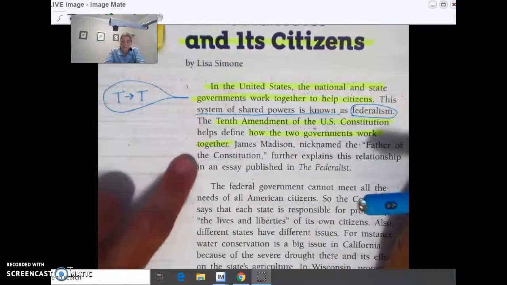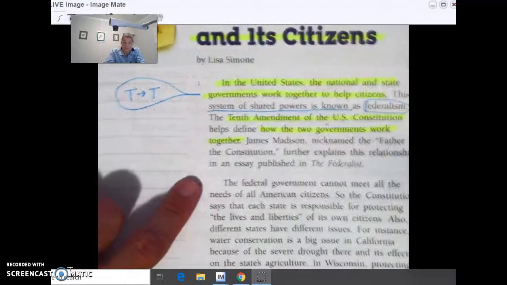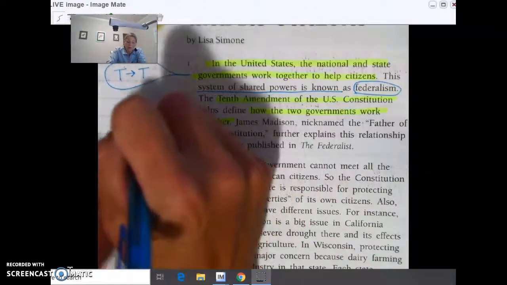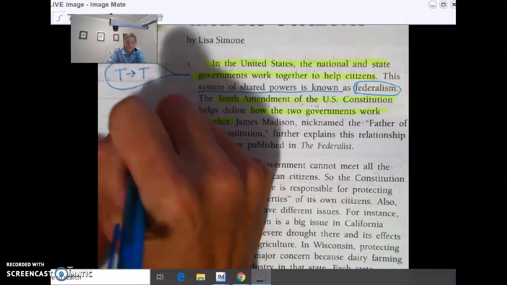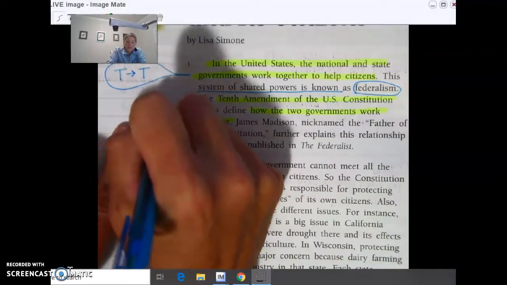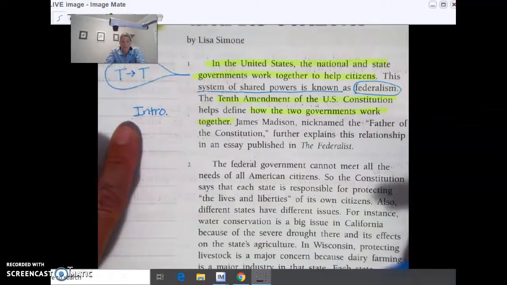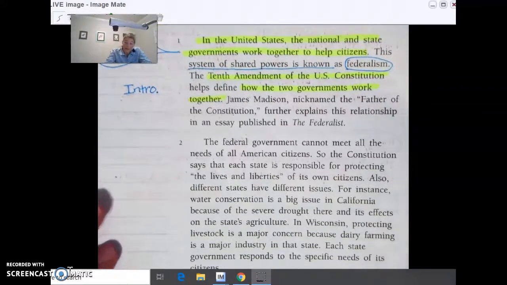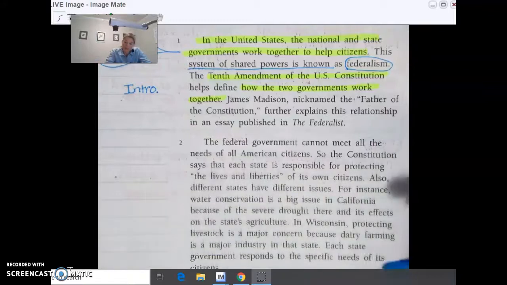This paragraph to me sounds more like an introduction. It's just letting us know what we're going to learn about. So I'm just going to put off to the side that it's an introduction, with intro as an abbreviation. And I'm going to move on to learn about how this relationship works.